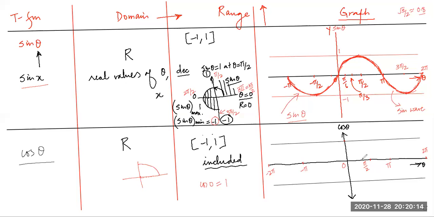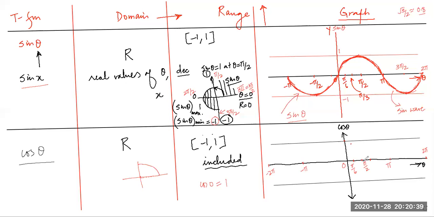So, I'll take intermediate points now. Again, this will be pi by 6. What is the value for cos pi by 6? It is equal to sine pi by 3, so this is root 3 by 2, about 0.8. So 0.8 will be here, am I right?